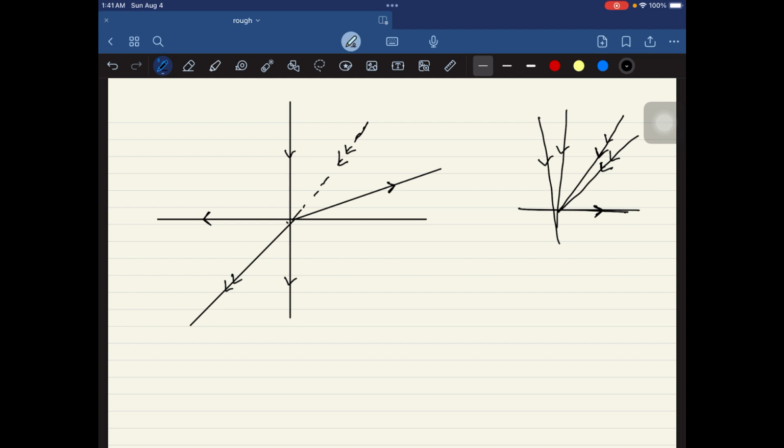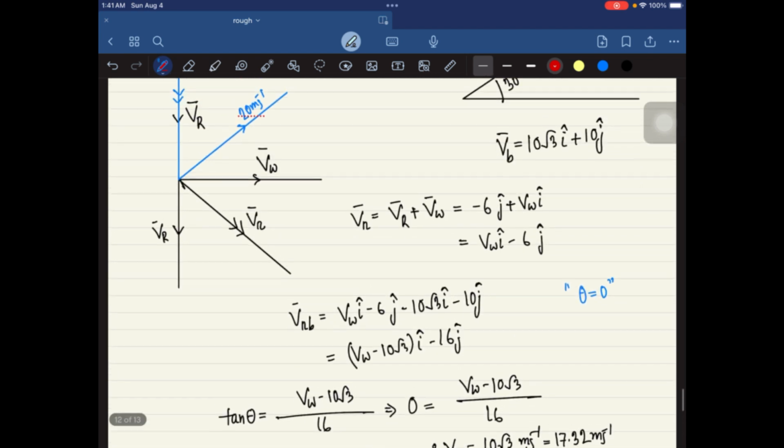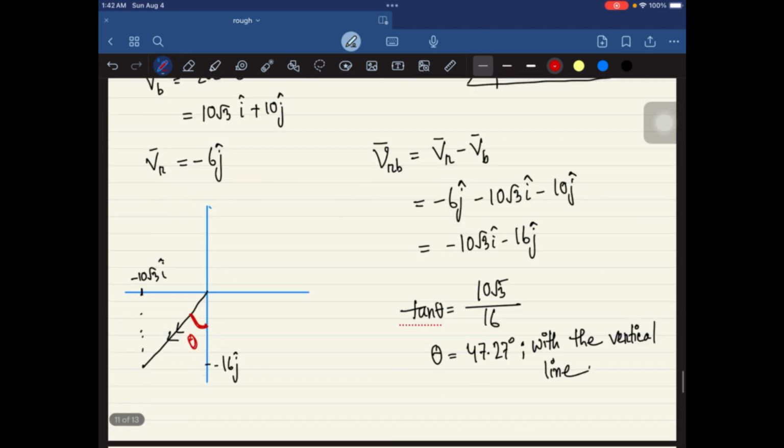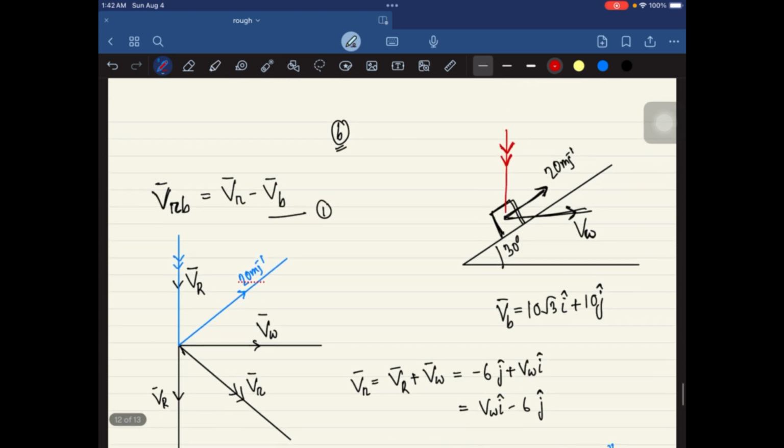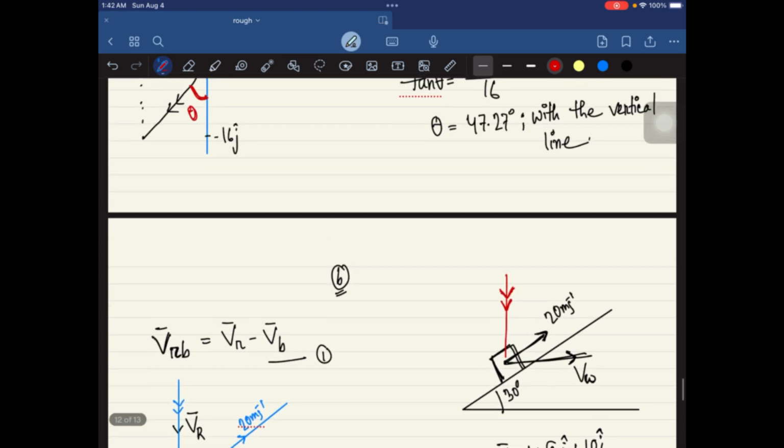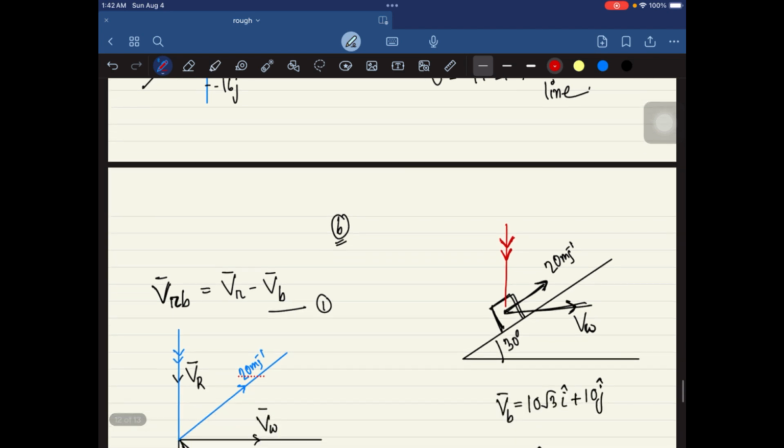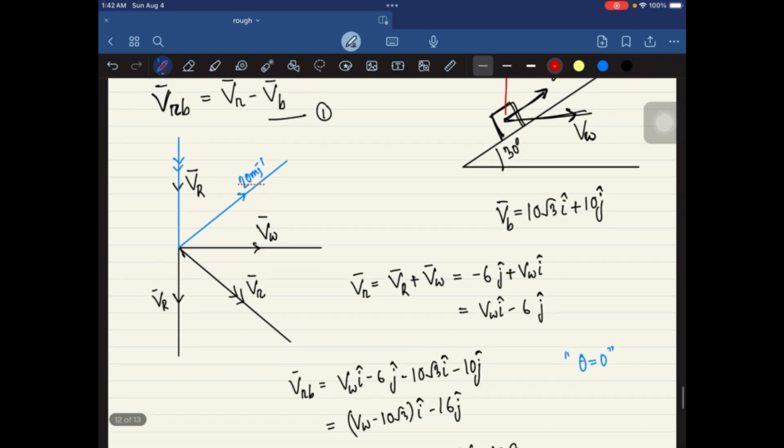So in that case the resultant should be in this direction. There's no possible case that the resultant could be vertically downward. But in our problem, the math has already told us that the resultant of the rain direction should be vertically downward.